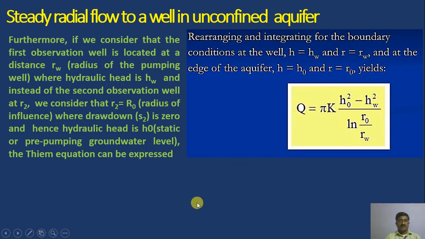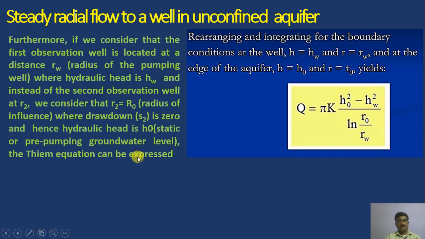Now further discussing the Thiem equation, if we consider that the first observation well is located at a distance RW, the radius of the pumping well, where the hydraulic head is HW, and instead of the second observation well R2, we consider R2 equal to R0, the radius of influence, where drawdown S2 is 0, and hence the hydraulic head is H0, the static pre-pumping groundwater level.